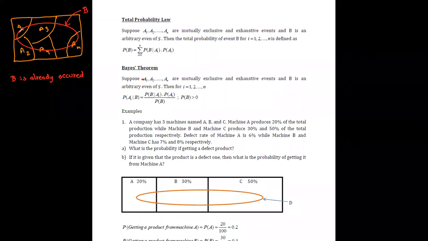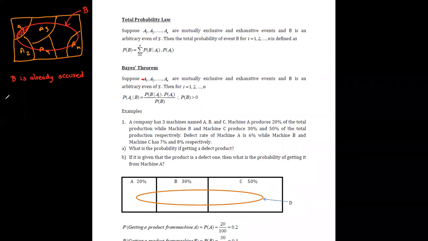If event B has already occurred, then what is the probability of its occurrence from A1. Using this concept the Bayes theorem is defined, and here I am not going to discuss the proof of the Bayes theorem. I will directly write it.